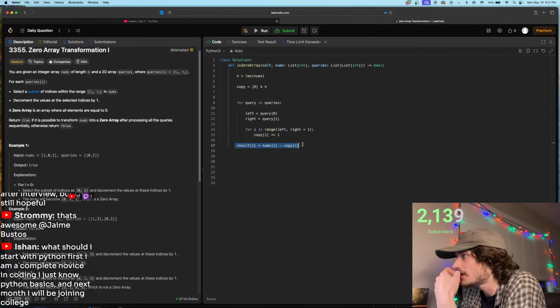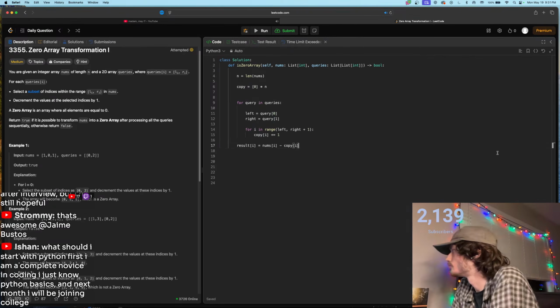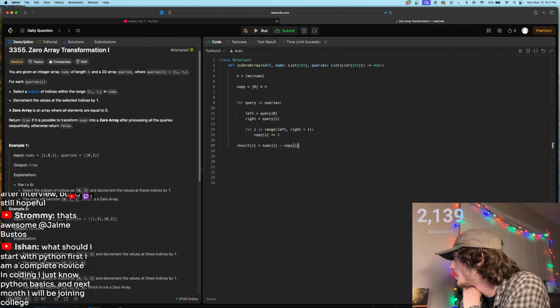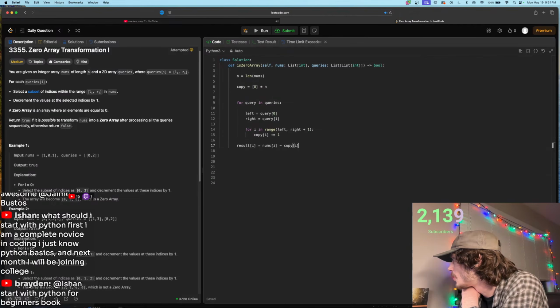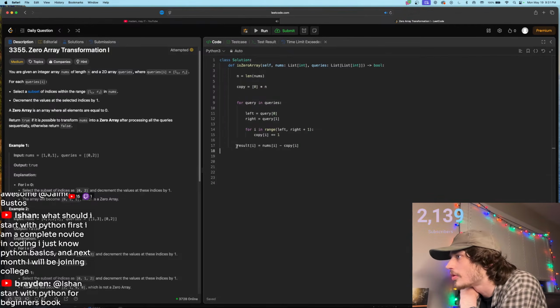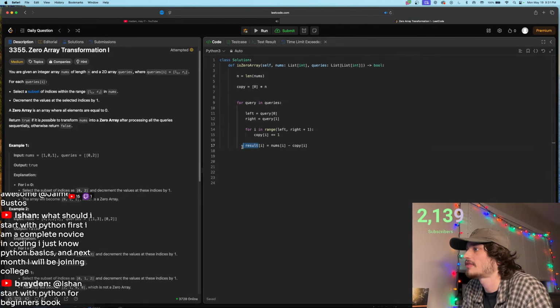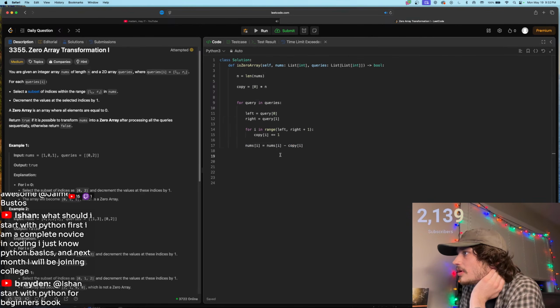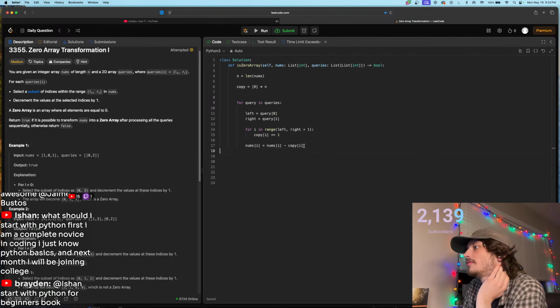So then where can I put this result? This avoids repeat subtraction. So then what if I say that nums index I is equal to that one minus copy at that current place? So we just batch it down.